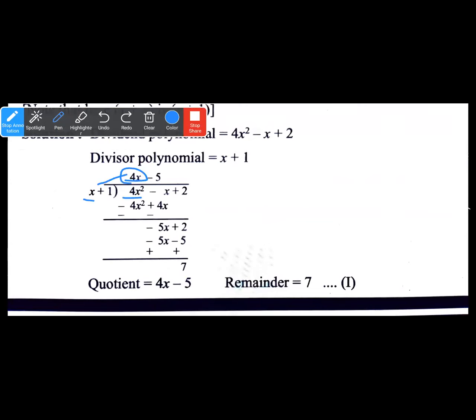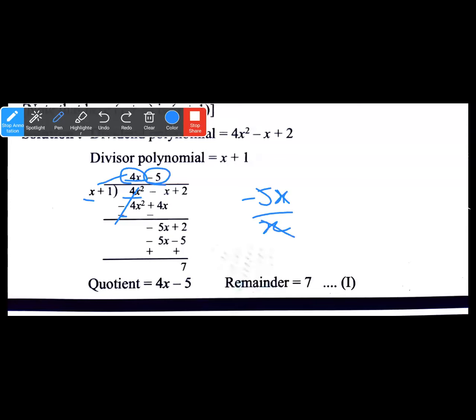When you multiply 4x into x plus 1, you get 4x square plus 4x. When you subtract, minus x minus 4x will become minus 5x plus 2. Then minus 5x is divided by x, you get minus 5 over here.